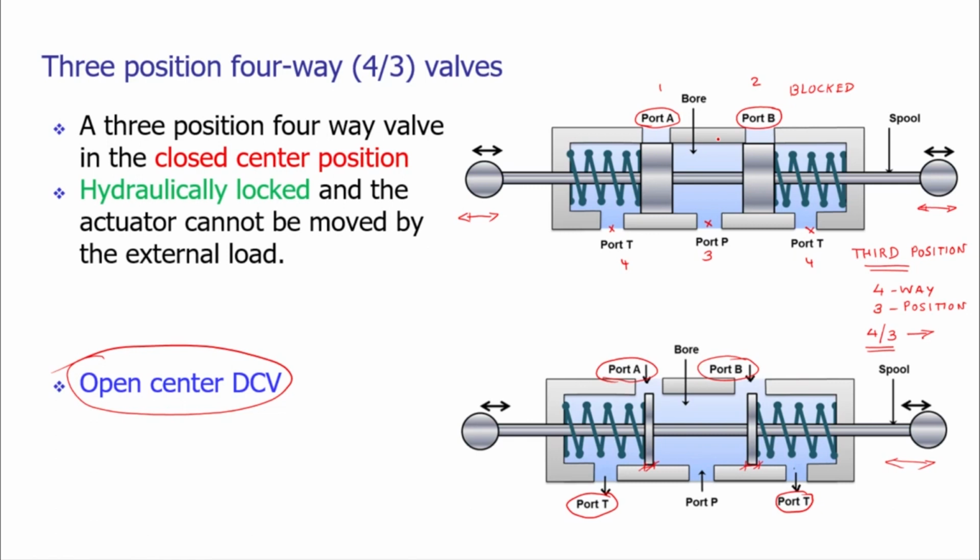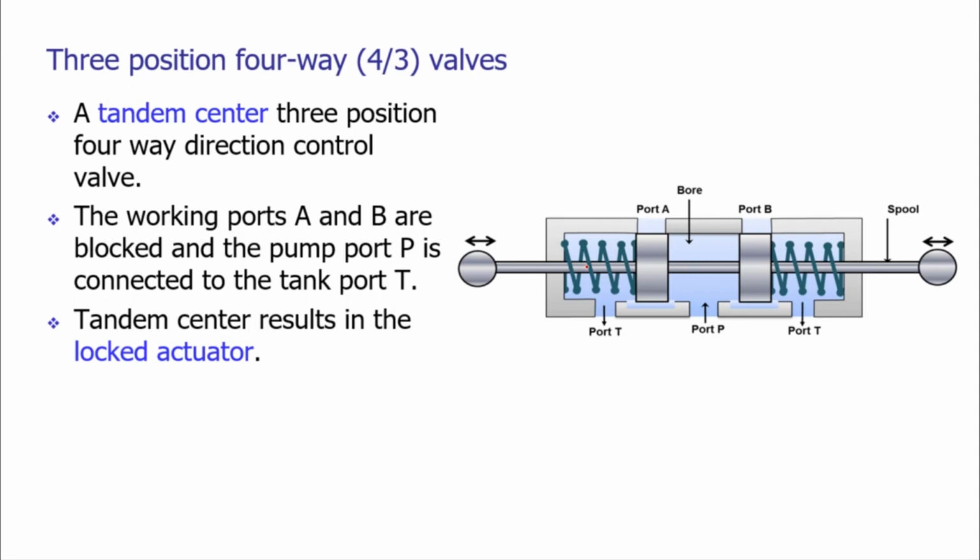So to avoid this, we need to have a certain arrangement. In that arrangement, port P can be connected to port T so that we can reduce the pressure and the thermal energy generated inside the system. That particular arrangement is called the third position with tandem center.